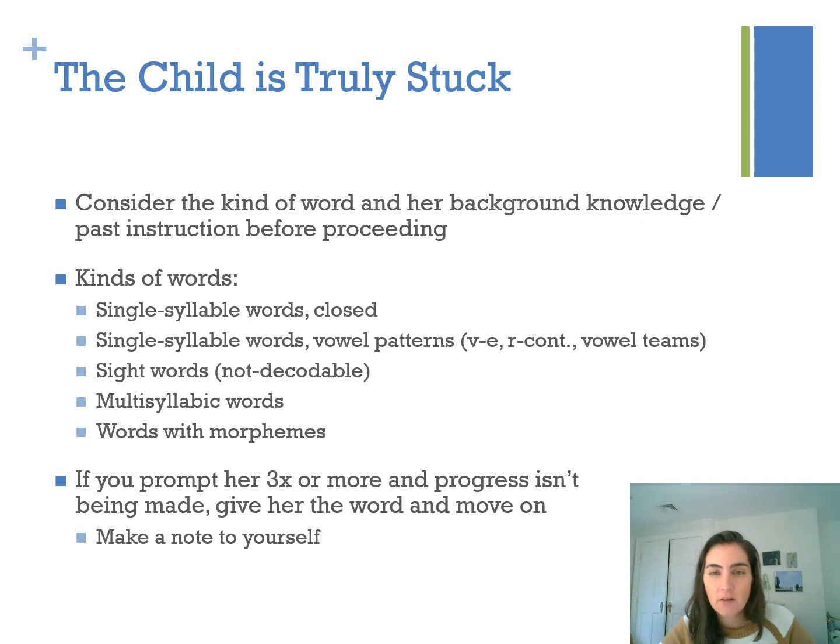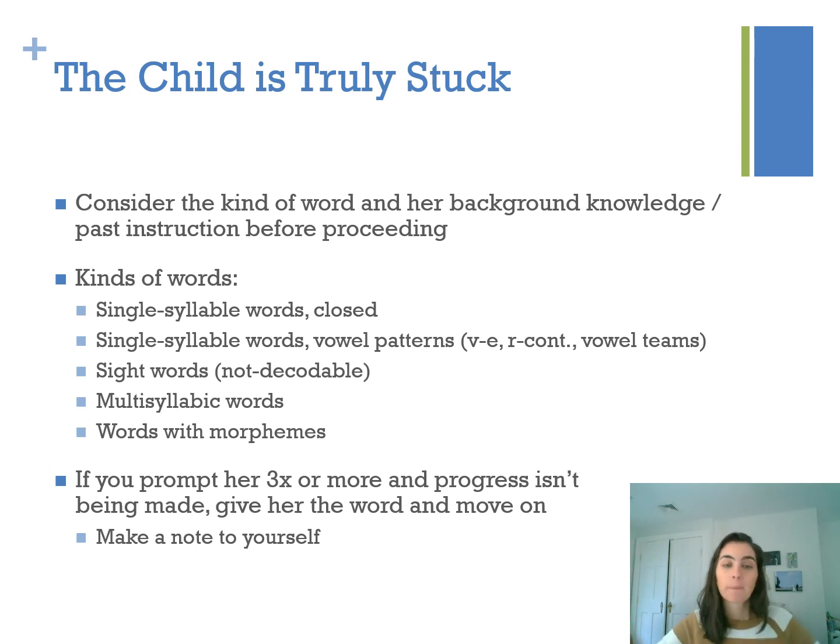Like I said on one of the last slides, you need to rapidly know what kind of word it is, because that will tell you how to direct the child. If it's a one-syllable word, it's usually a sounding out thing. If you know that you've been working on R-controlled and vowel teams, you might point to them, what kind of vowel do you see there? Is it a sight word that's not decodable? Have you learned it yet?